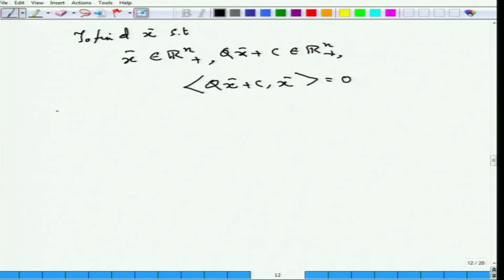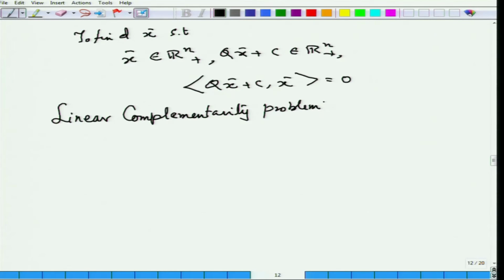This is called the complementarity condition. So, this problem is called the linear complementarity problem and has huge applications in many different areas and is very well studied, and still people are looking into this.